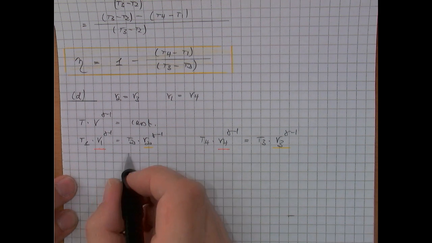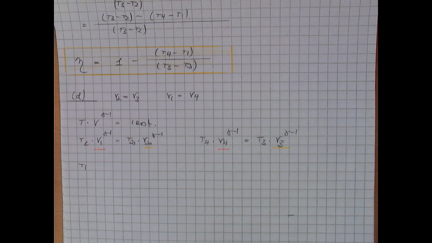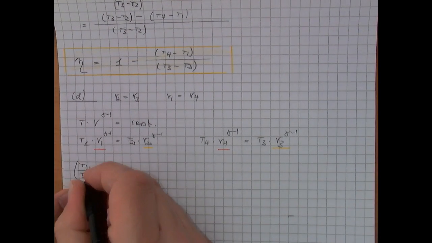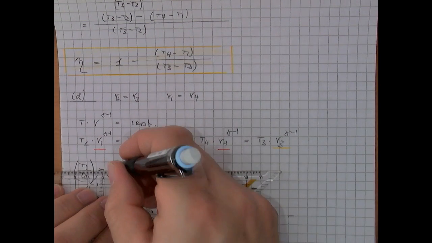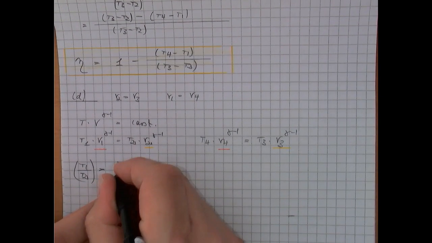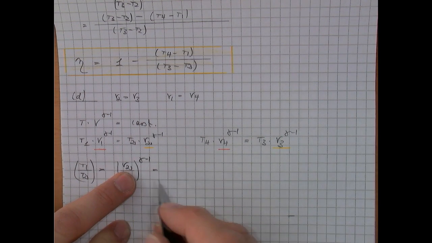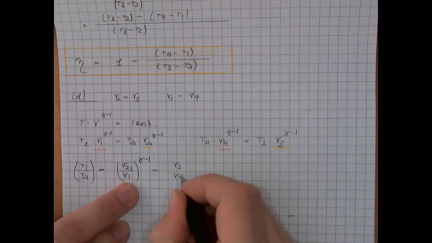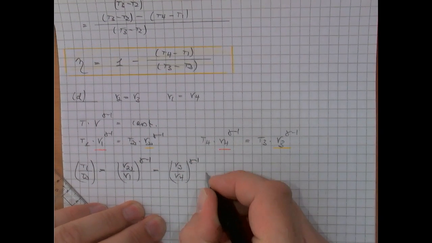Namely, if I divide out now T1 divided by T2, then what do we have here? We have T1 divided by T2 equals V2 divided by V1 to the power of gamma minus 1. However, V2 equals V3 and V1 equals V4, so this is V3 divided by V4 to the power of gamma minus 1.